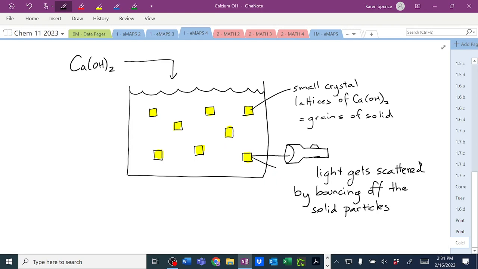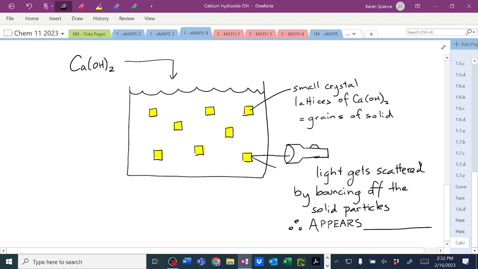What does that make it look like when the light gets scattered? It appears white, but not only just white, because you can have things that are other colors too.